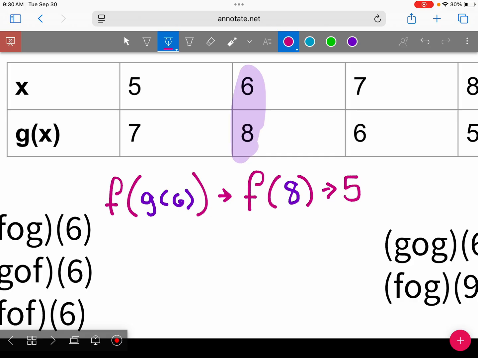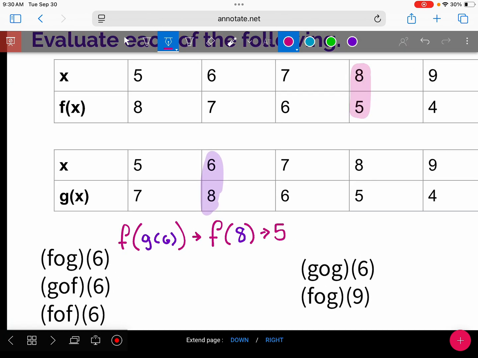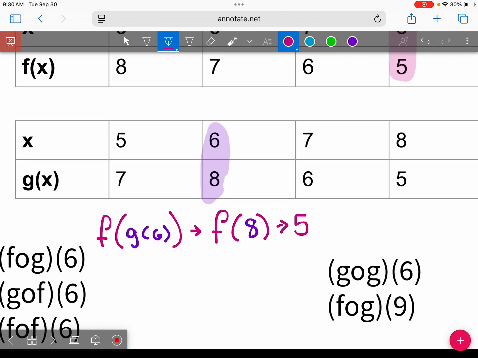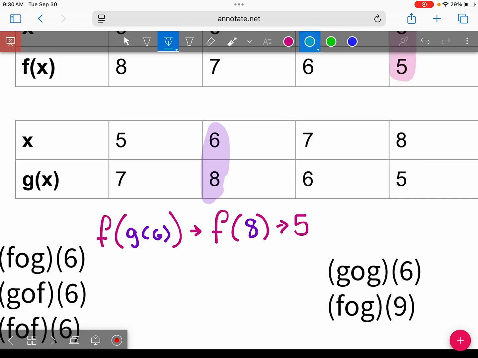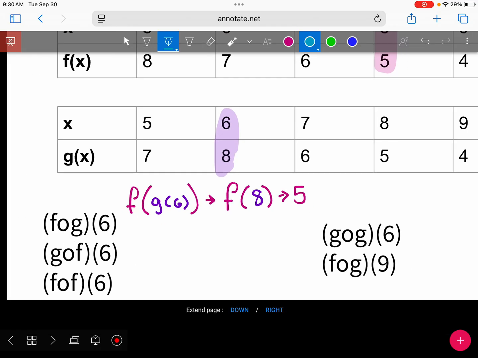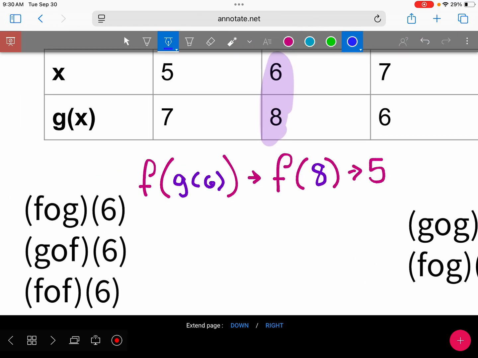So we started with an x of 6, it gave us a y of 8. That became my new x, which gave me a new 5. So f of g of 6 equals 5. We're going to try a few more of these just to practice them because they feel weird.